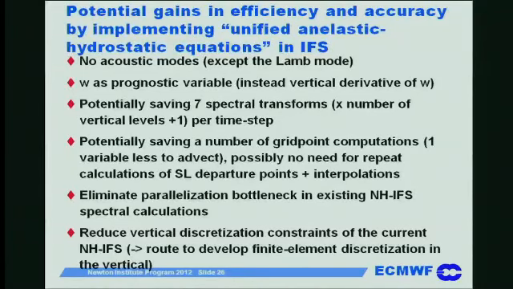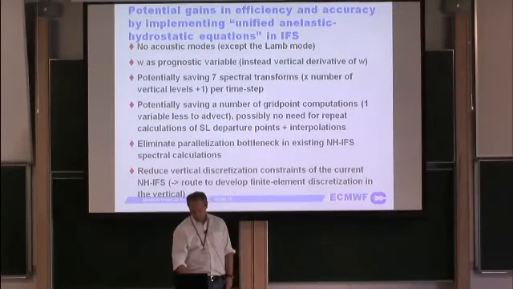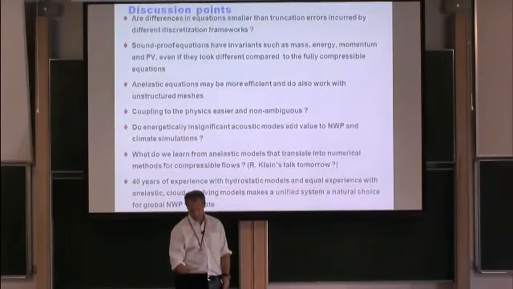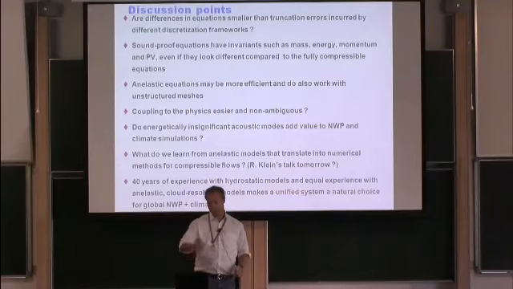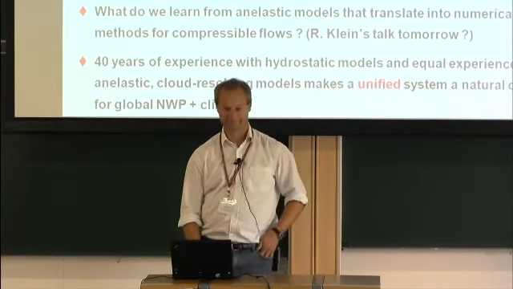I have to, but the price is solving this extra elliptic equation basically. And yeah, remove this parallelization bottleneck, and there also, that's a side issue. We don't have to mention this now. So yeah, I'm finished really, and that leads into some discussion points for the next part. Thank you.